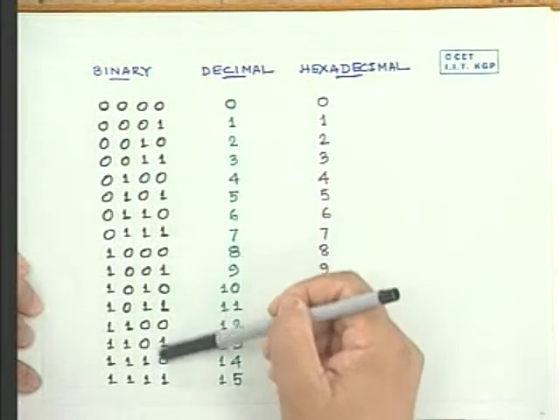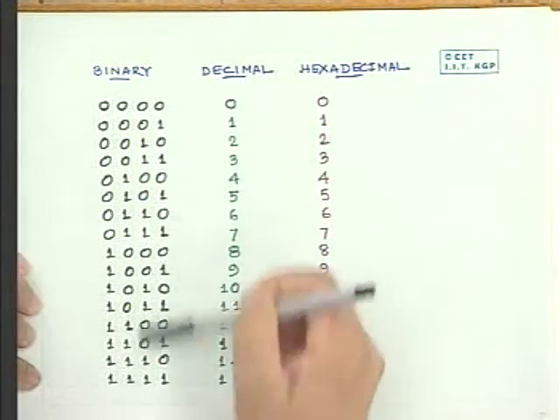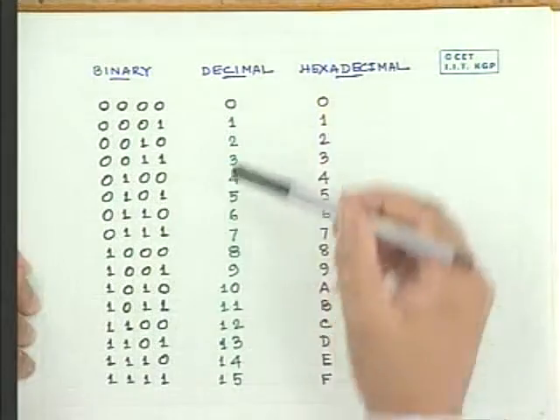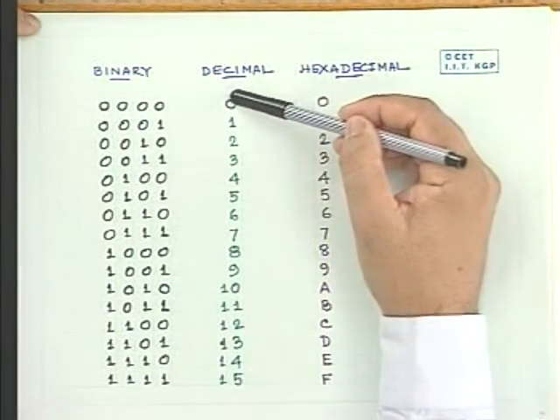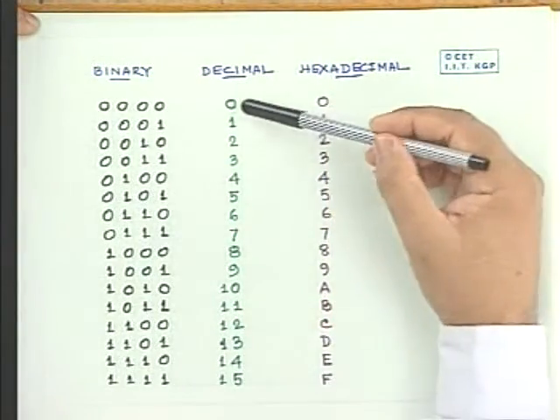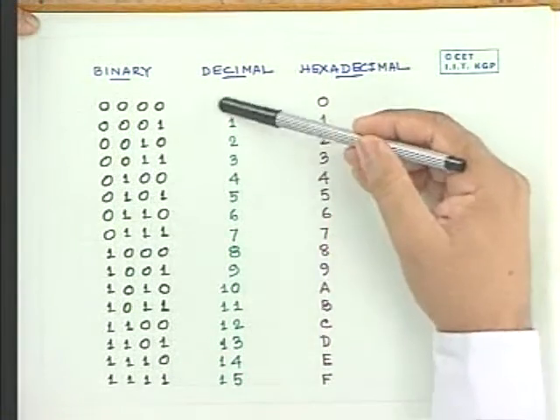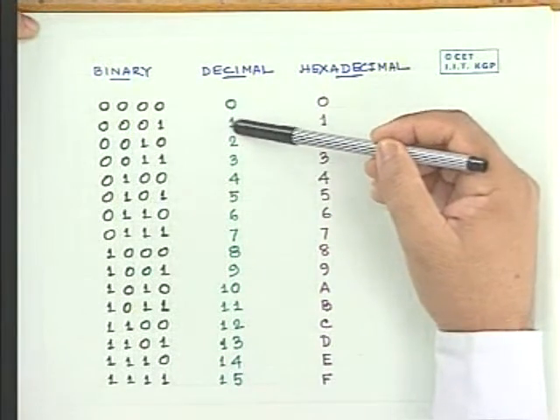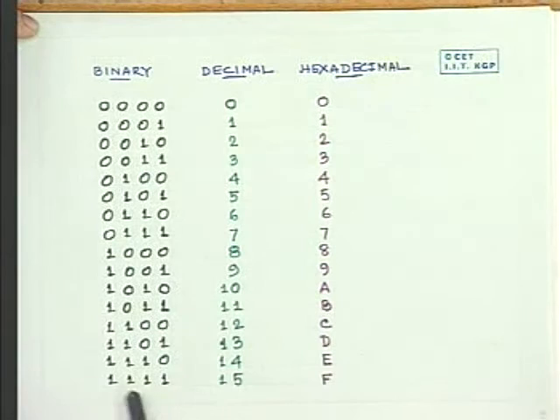That way there can be 16 possible combinations of these binary bits. As you know, the decimal equivalent of this binary I have given in green, okay, this is 0, this is 1, this is 2, and so on. This is up to 15.